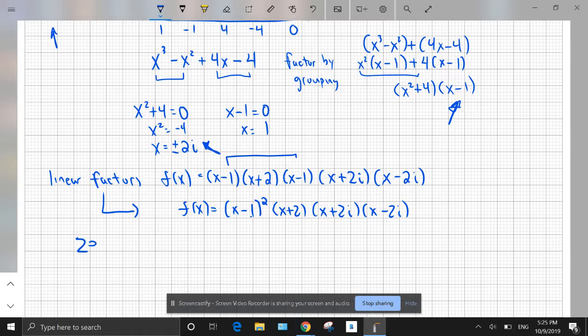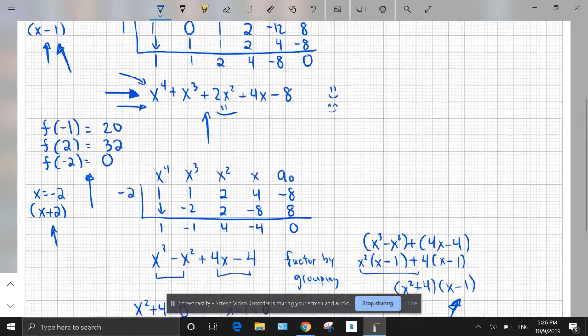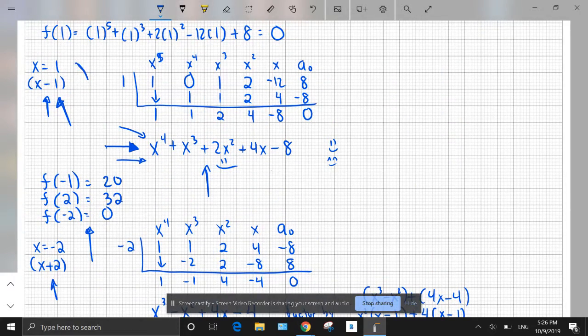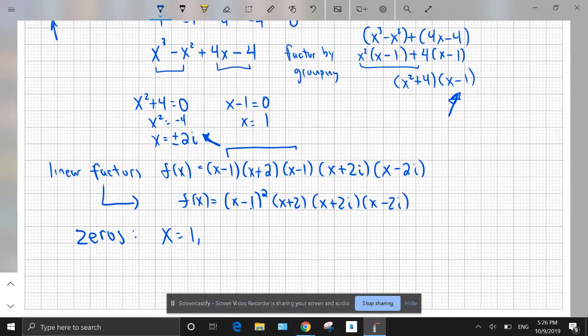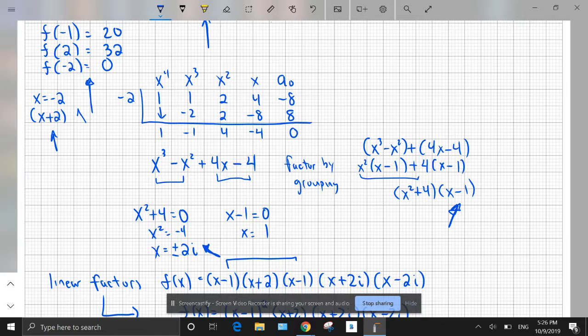Now for our zeros, our first one was x is equal to 1. Our second one was x is equal to negative 2.